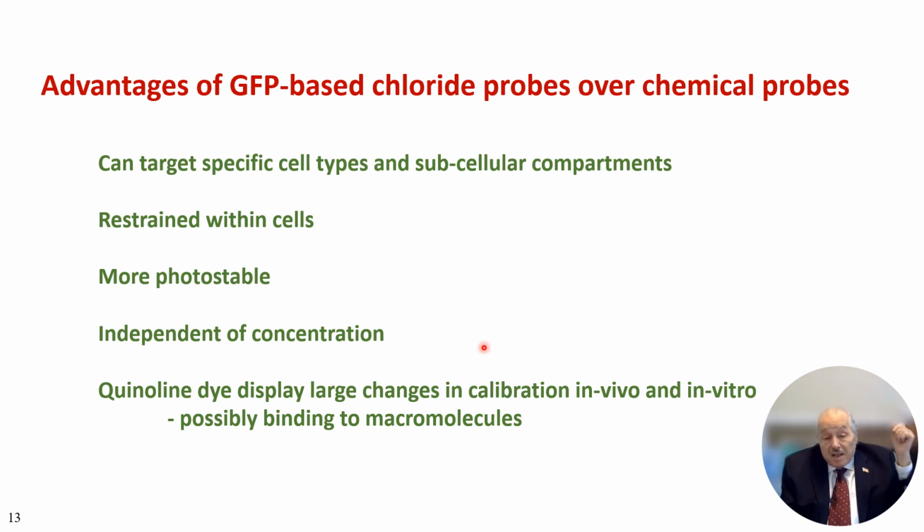It's more photostable. It's said to be independent of concentration. Some researchers claim that the quinoline-type probes depend on concentration because they bind to other macromolecules. That's not going to be the case with GFP because it's buried in that beta barrel, which is going to protect it from contact with other macromolecules.